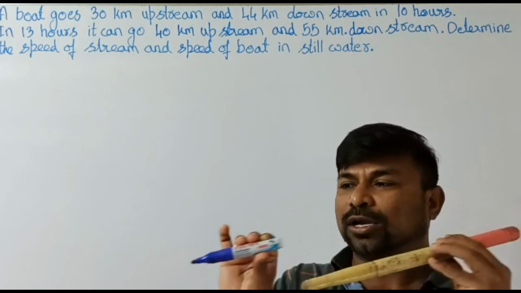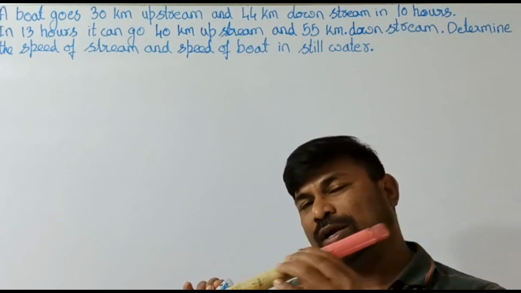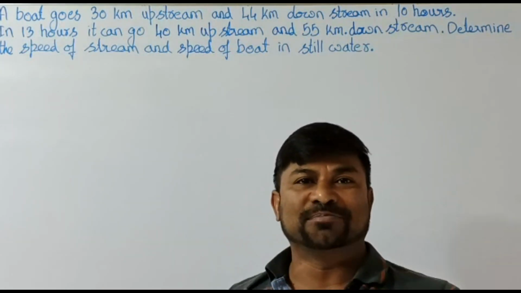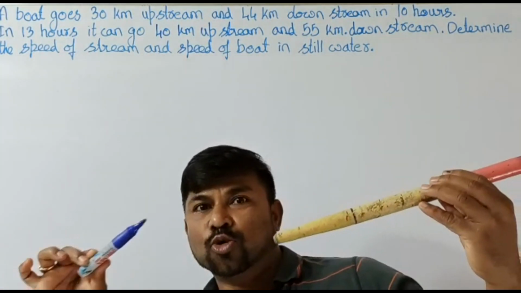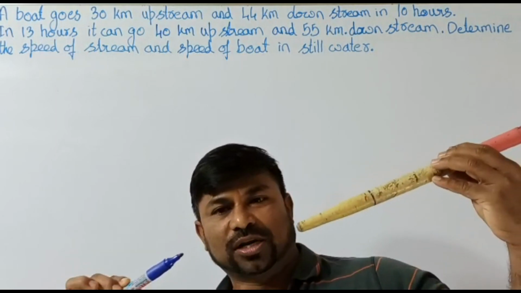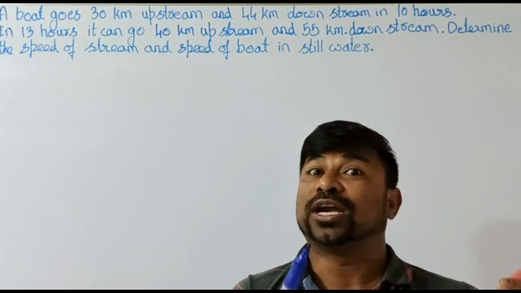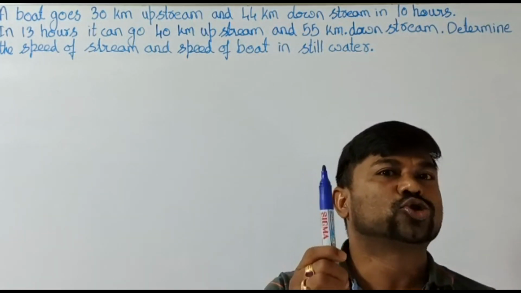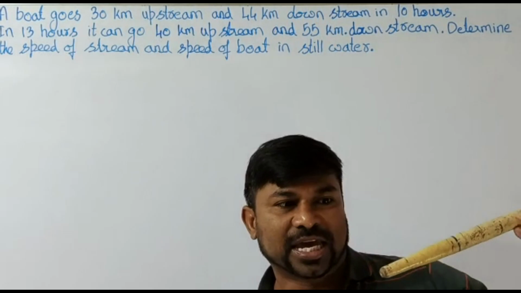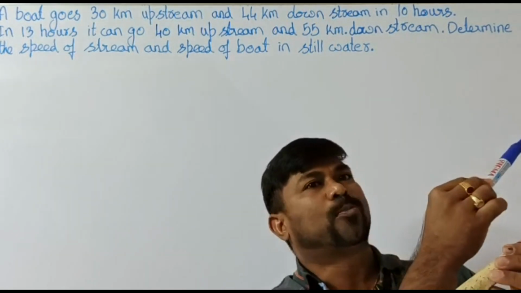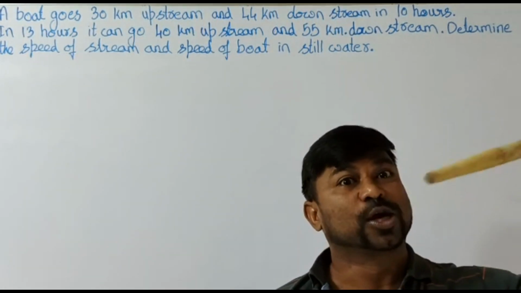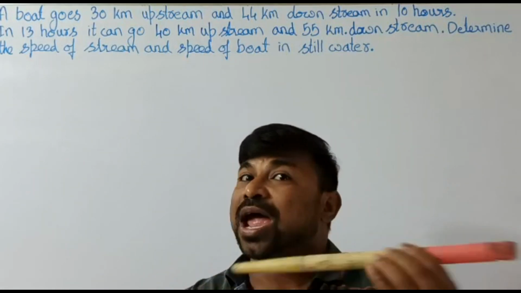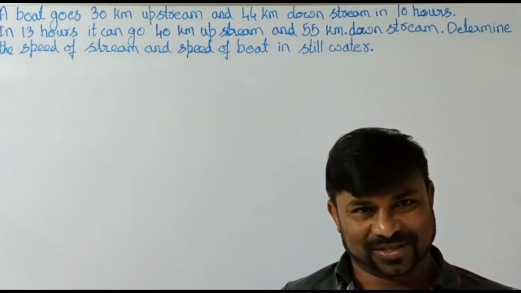So if the movement of the boat and the movement of the water are in the same direction, we call it downstream. And if they are against each other, we call it upstream. In both cases, the speed of the boat should be more. Then only in the case of upstream can it go opposite. Otherwise, if the speed of the water is more, the water pushes the boat back and your journey won't be completed. You got it?